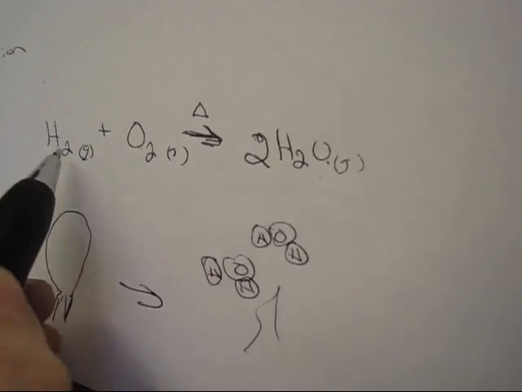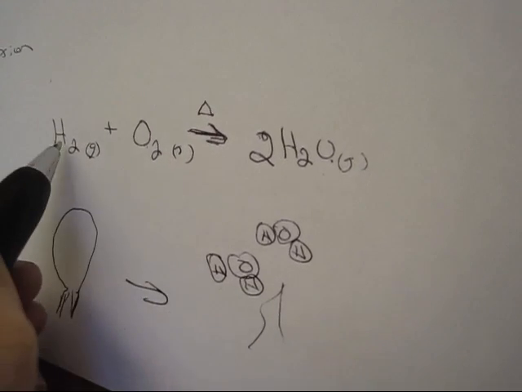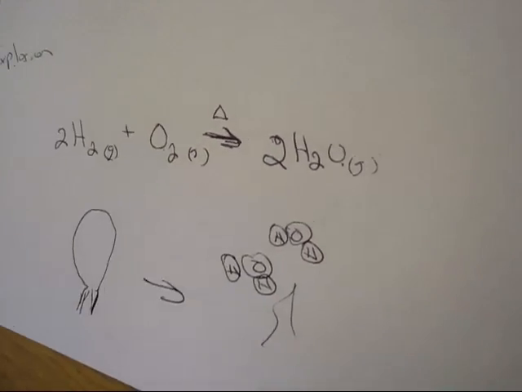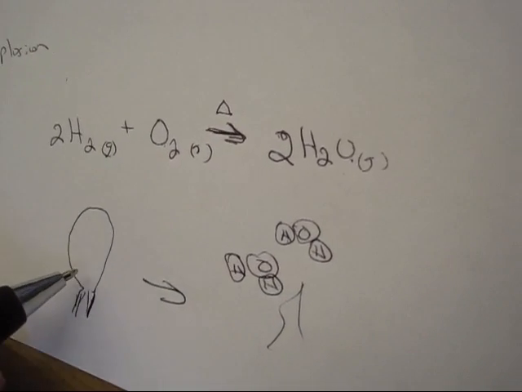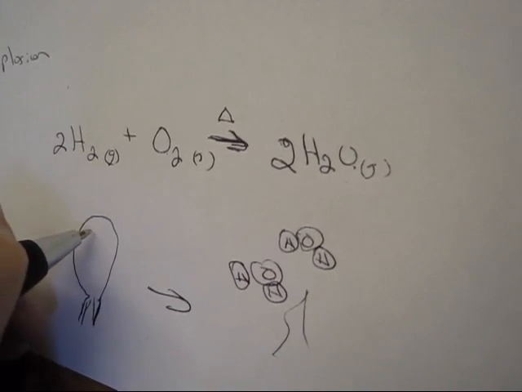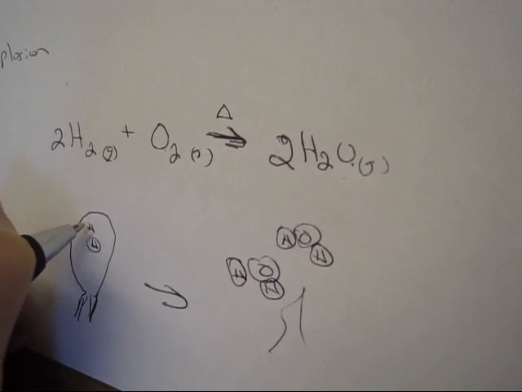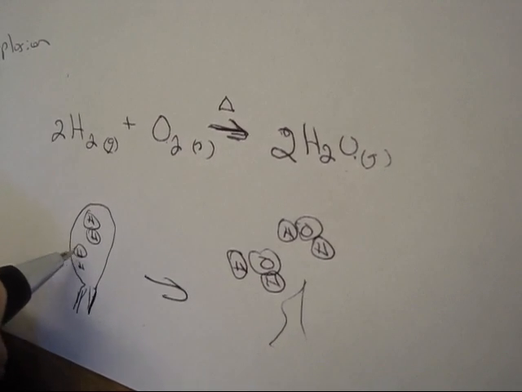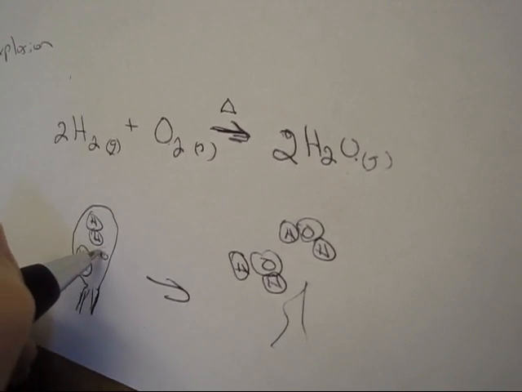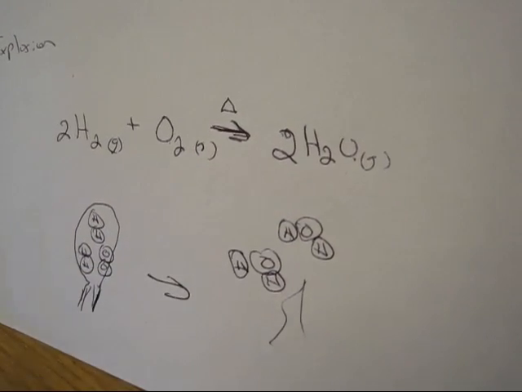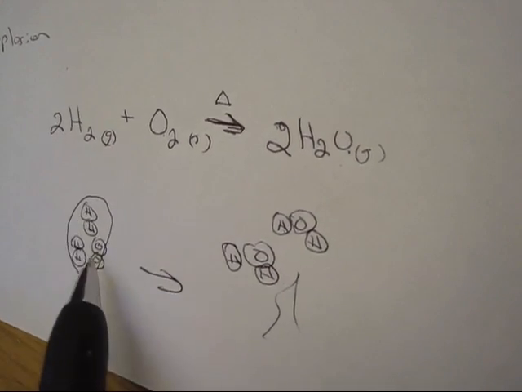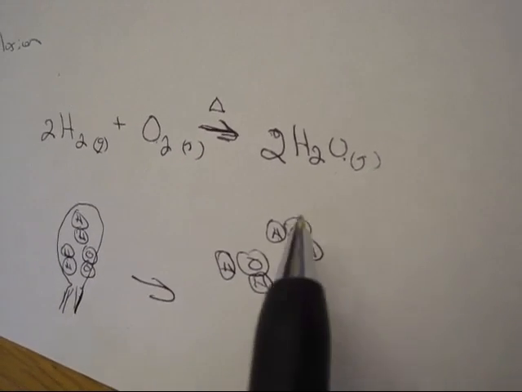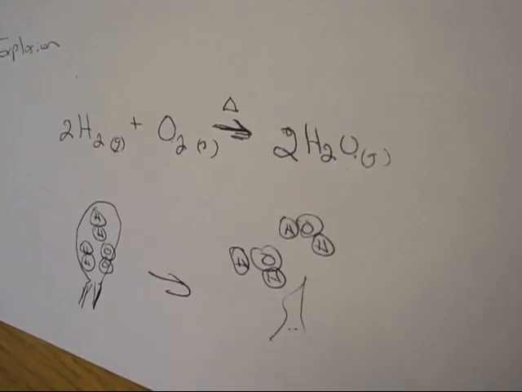Okay, but now I have too many hydrogens, so I probably started out with 2 of these. So in here, draw 2 hydrogens and 1 oxygen. Remember, they should be together because they're diatomic, but there's 2 hydrogens and 2 oxygens. And then after we squirted these into a flame, draw a better Bunsen burner than me, we created 2 waters.